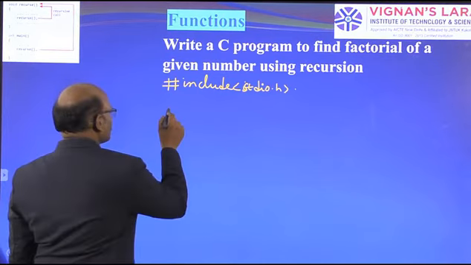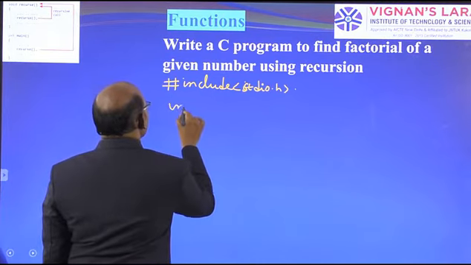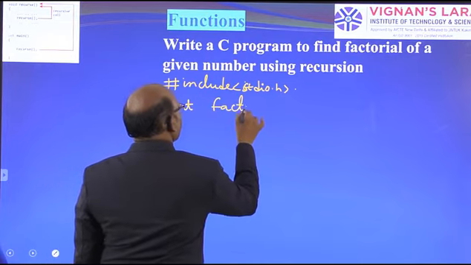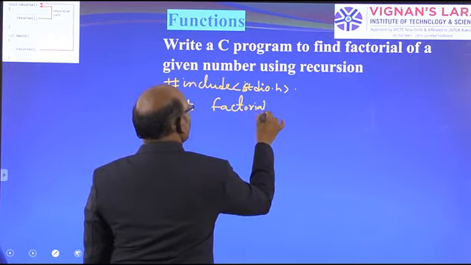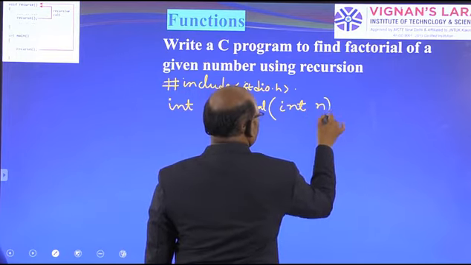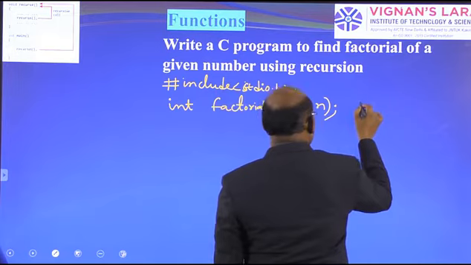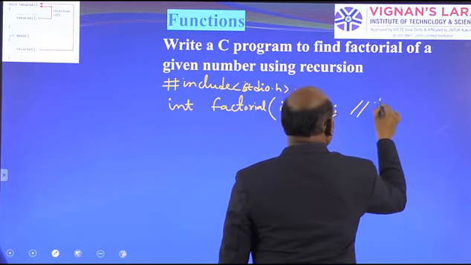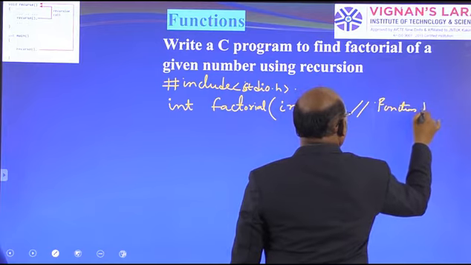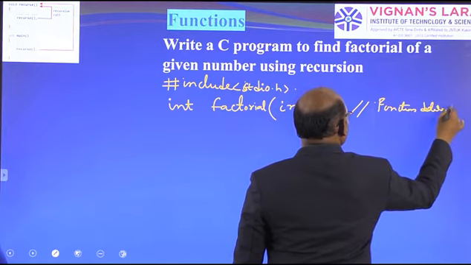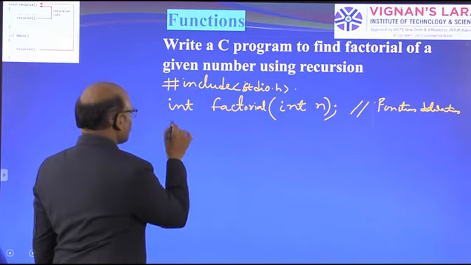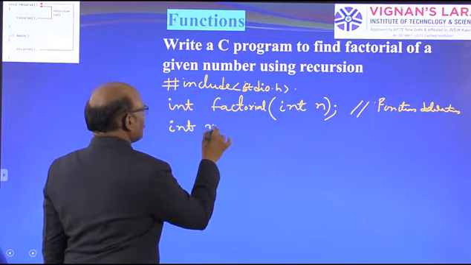Then declare the function: int factorial of int. So this is the function declaration. Next, coming to the main.